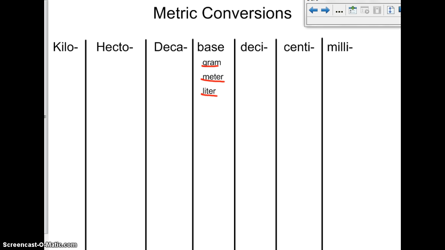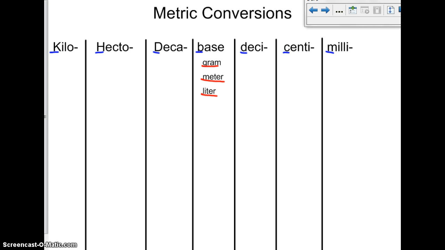The second thing that I'd like to point out is the units in the metric system, from largest to smallest. Kilo, hecto, deca, our base unit, deci, centi, and milli.